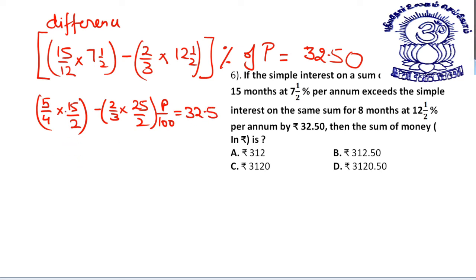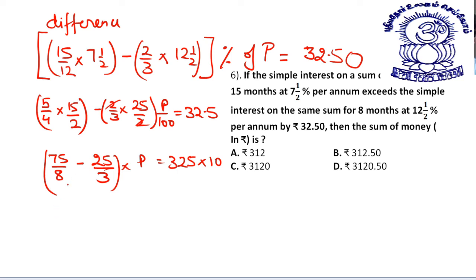From here, this becomes 5 into 15, 75/8, minus 2 and 2 cancel, minus 25/3, into P is equal to 32.5 into 100, that is 325 into 10. Why am I writing 325 into 10? Because I can cancel this by 25.